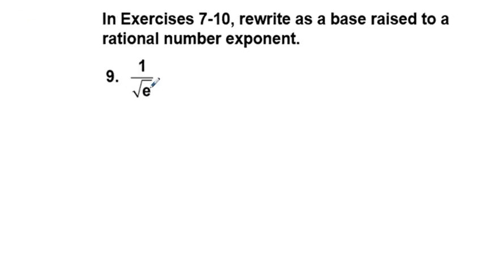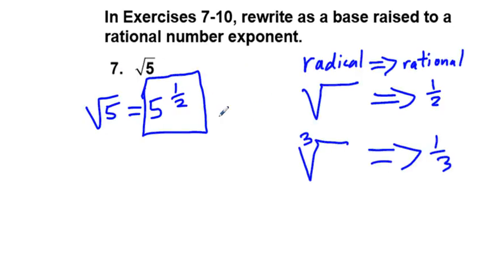And then we get to problem 9, our last odd number problem. We have 1 over the square root of e. Well, what that's going to be is 1 over e. Remember back here, problem 7, the square root is to the 1/2 power.